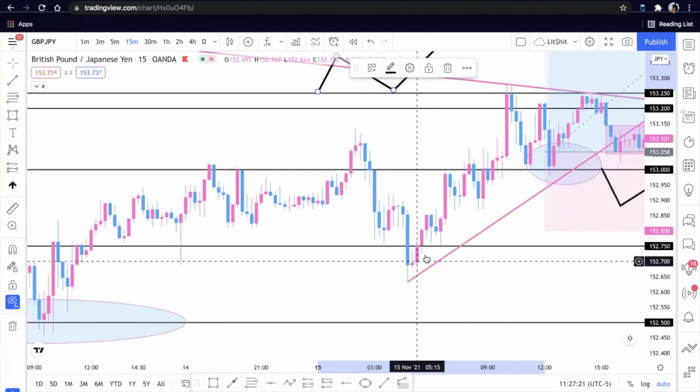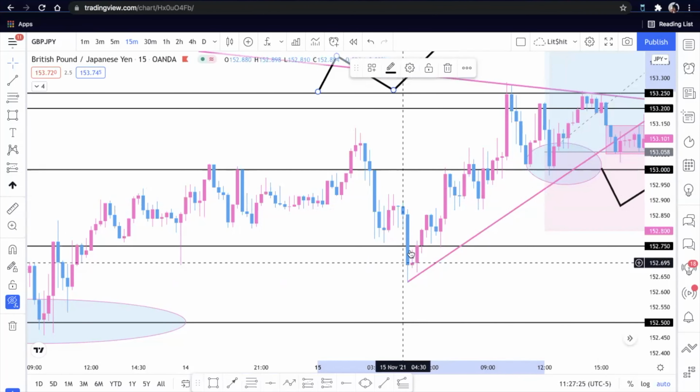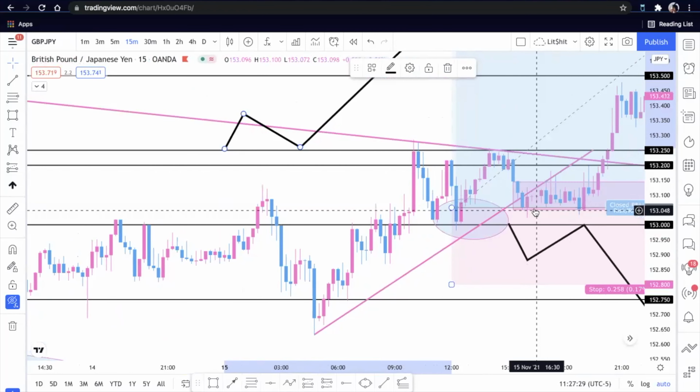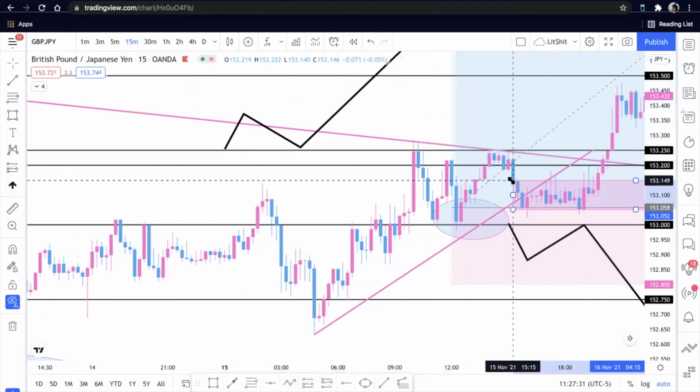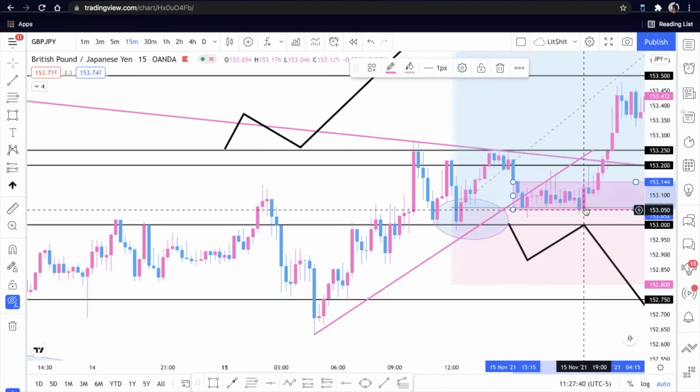I drew this trend line right here so you can see the higher lows touching the trend line. I did notice that it started ranging right here, from the top of this blue candle to the bottom of this blue candle next to it. It was just ranging between that support and resistance.